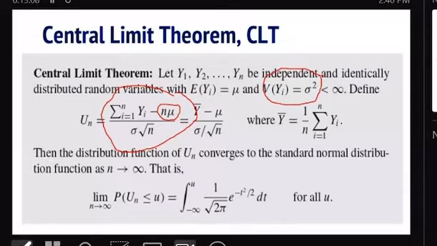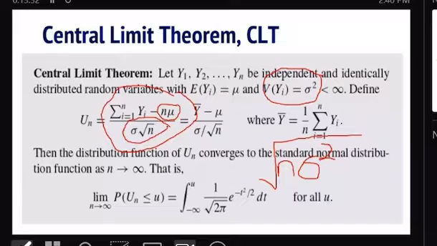Now, if the variance of the sum of the random variables is n sigma squared, what would be the standard deviation? The standard deviation is going to be the square root of that, right? That is why we got this here.